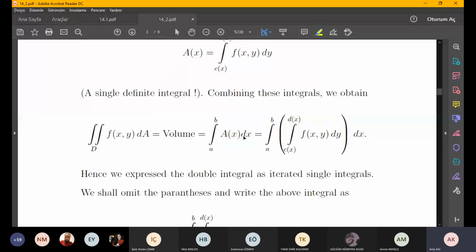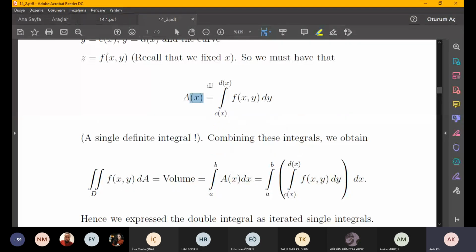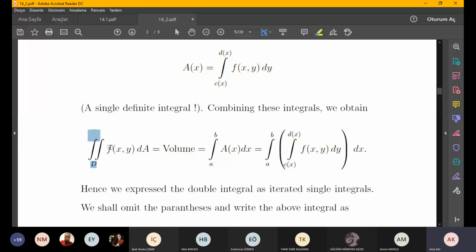Then after that we define A(x), since the region is defined as a simple domain. Then we try to find the volume of the solid.